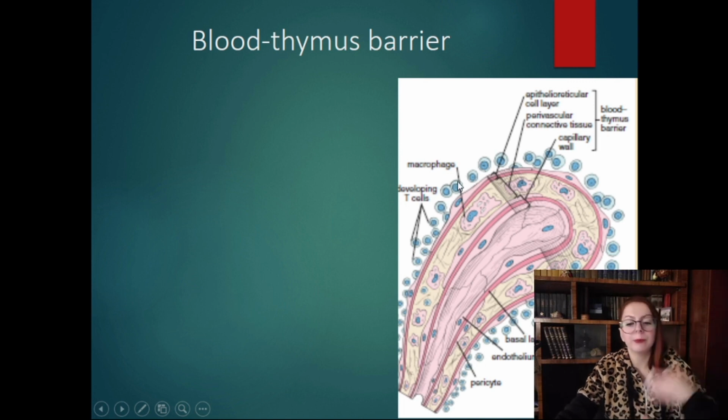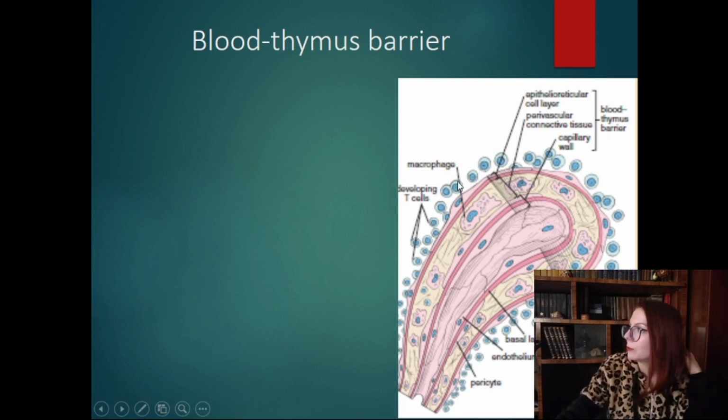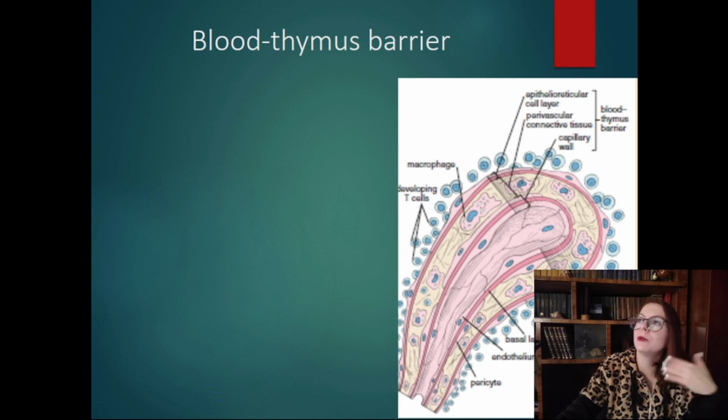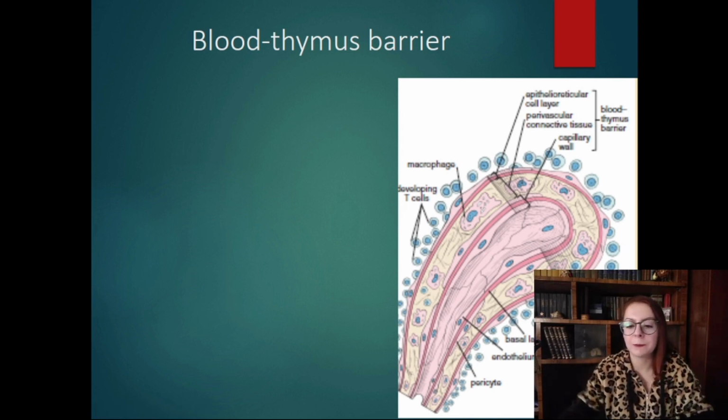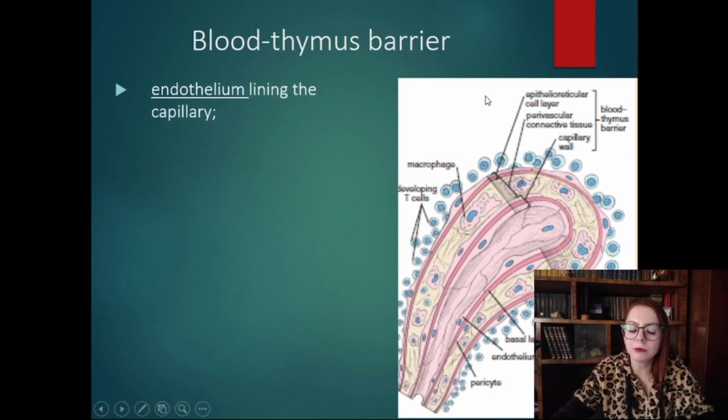Before becoming mature, before they complete the process of their maturation, T-lymphocytes should not contact with blood, should not enter the bloodstream. So inside the thymus, a proper microenvironment should be maintained. And to insulate immature lymphocytes from the bloodstream, there are several layers.